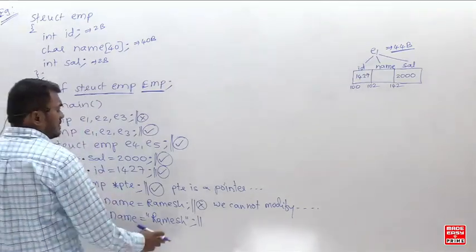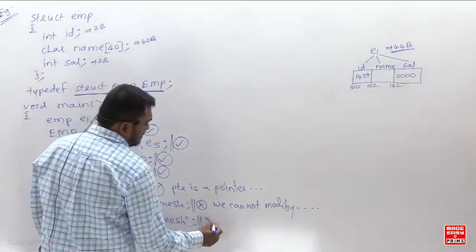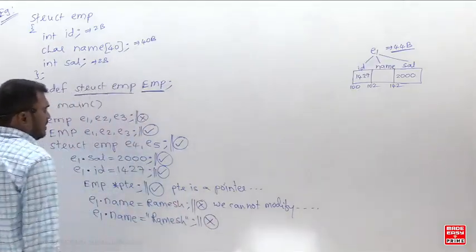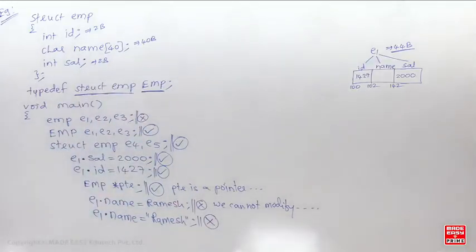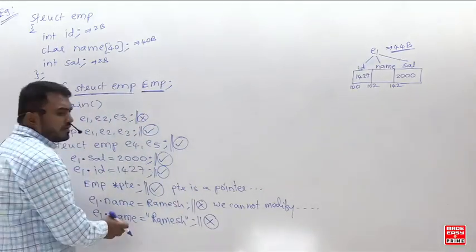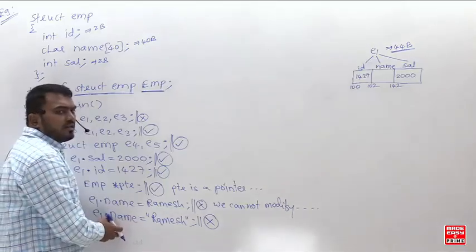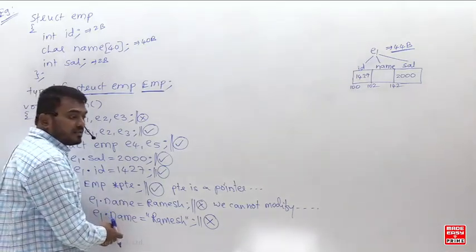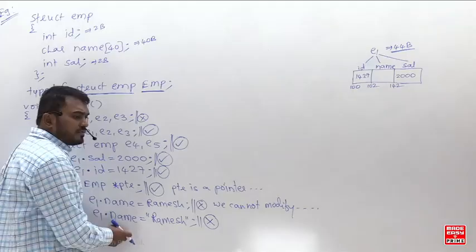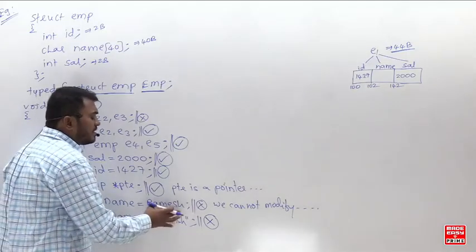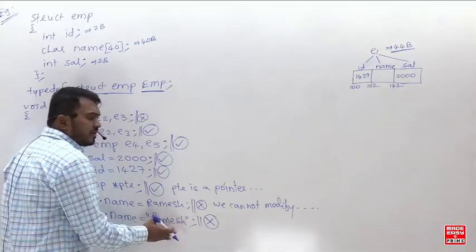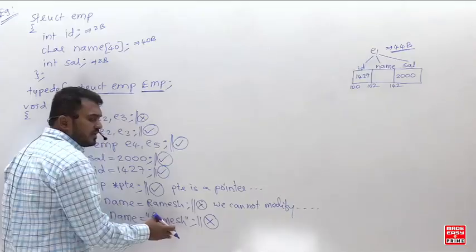Same thing. Listen here, this is also strictly not allowed, because even dot name contains a constant base address, and you cannot modify a constant base address. If a string is given in double quotes, what is given? A base address.